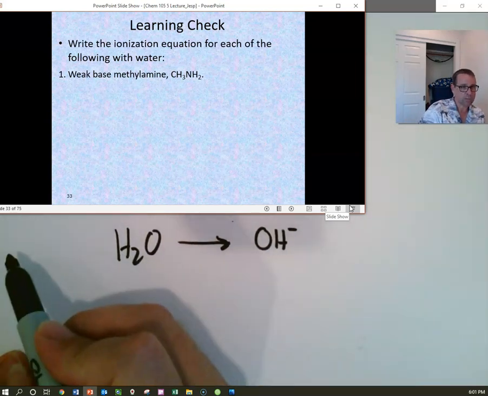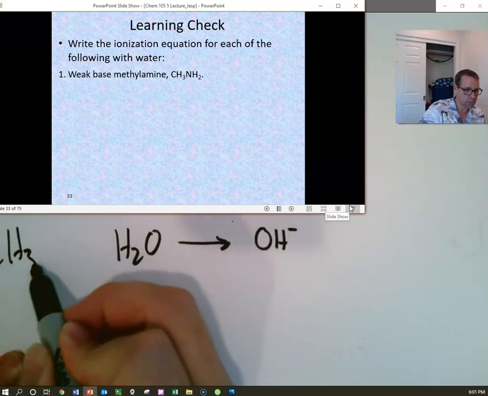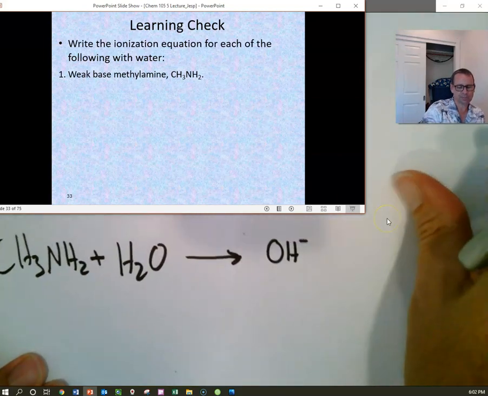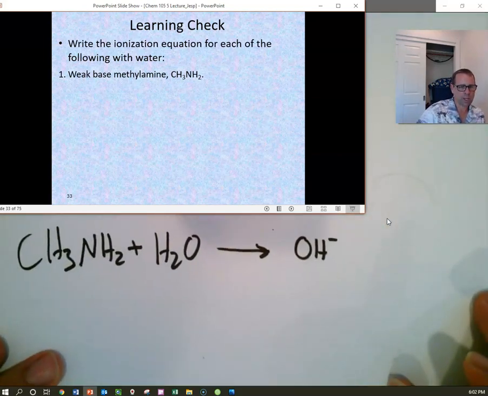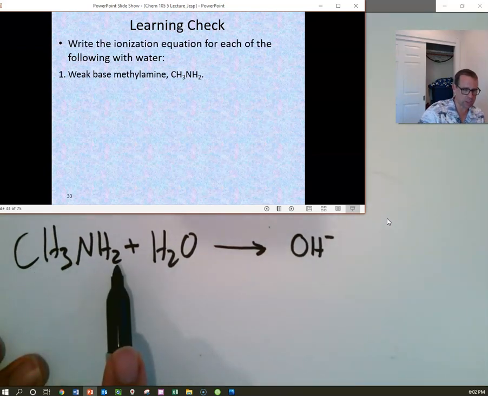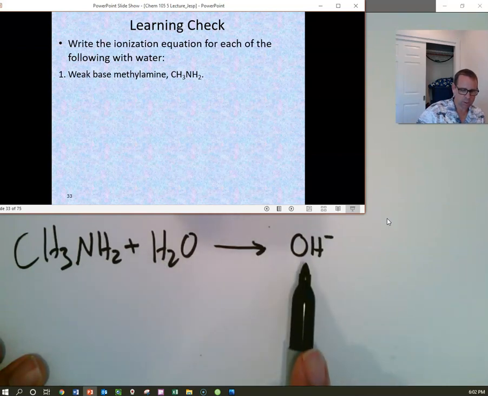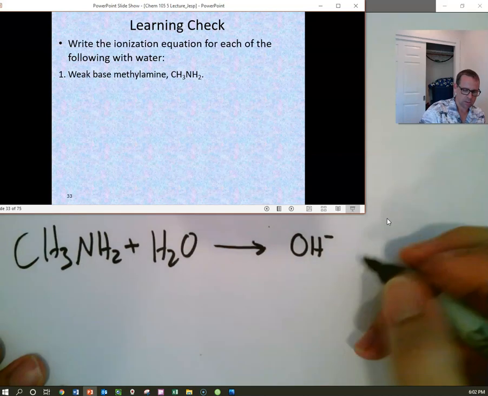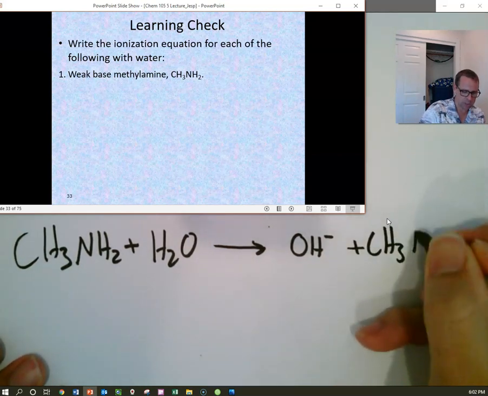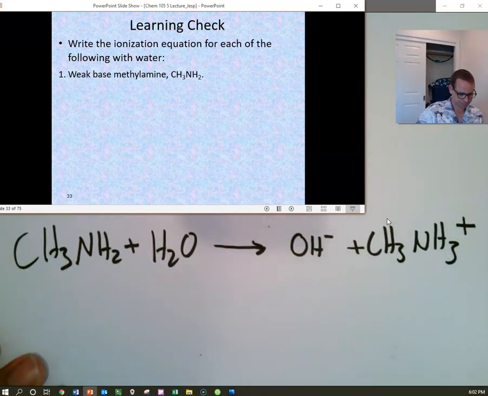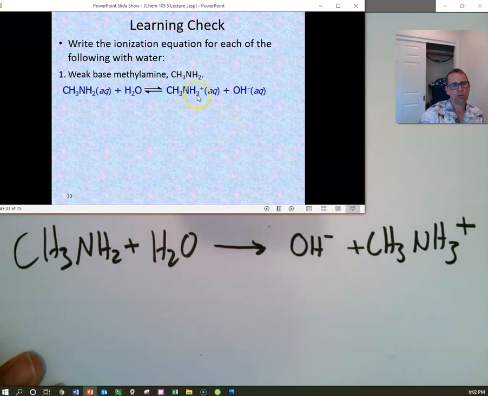So if CH3NH2 is a weak base, then we have to show CH3NH2 grabbing a hydrogen from the water molecule to produce the hydroxide ion, and what's left over is CH3NH3 with a positive charge. Okay, very good. So that is our dissociation of a weak base.